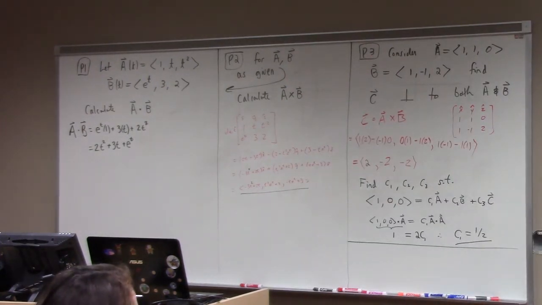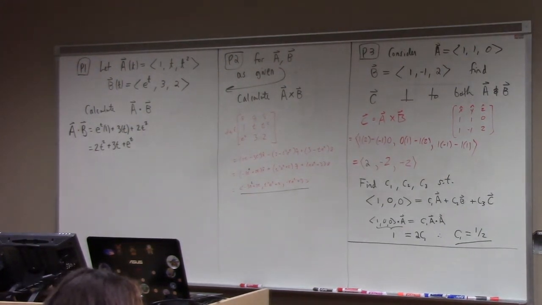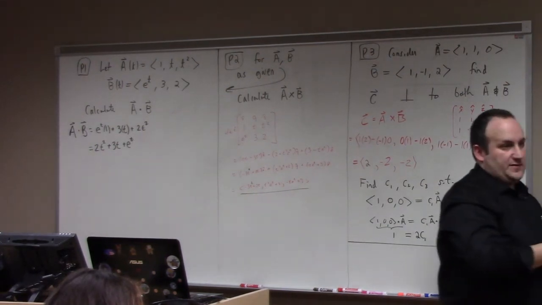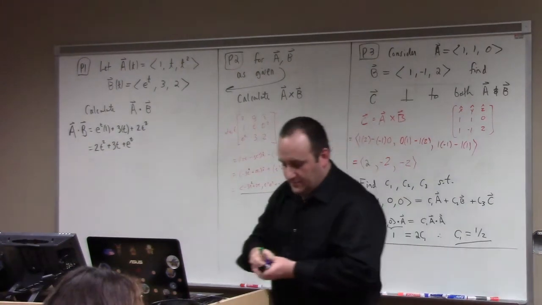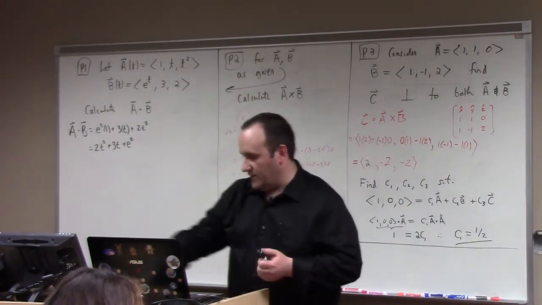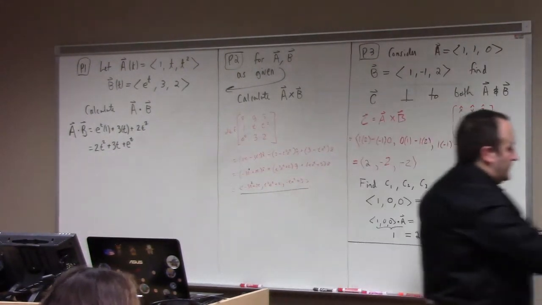What's that vector? Minus 2, 0. And then what I'm after, of course, is the normal vector to the plane, right? So how do I get that? Cross product, right?